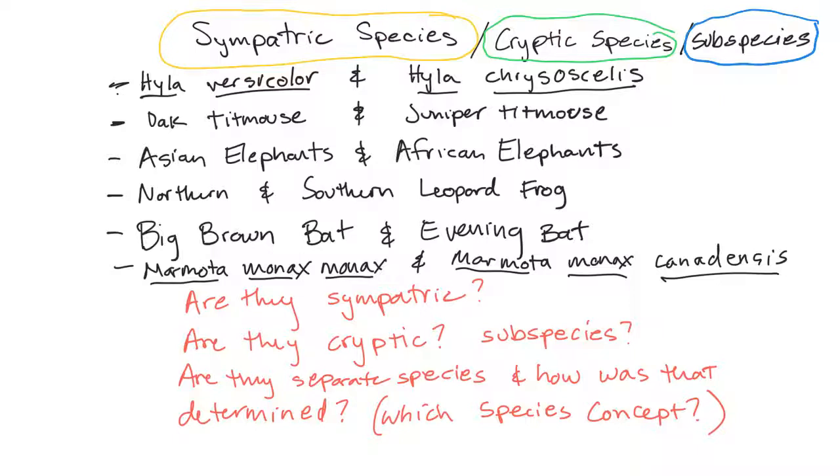Well, they should have a common ancestor. Okay, discuss that with your neighbor then. Different areas and they're different species. Right, so if they're the same species, they're subspecies, but they look different and they inhabit different areas. How can they be the same species?